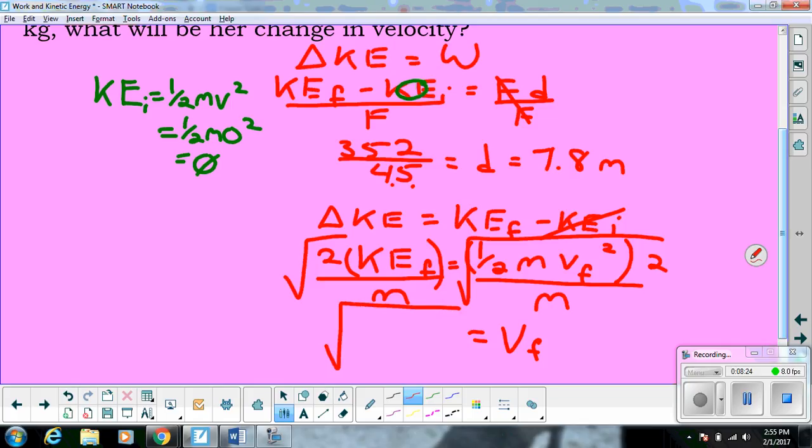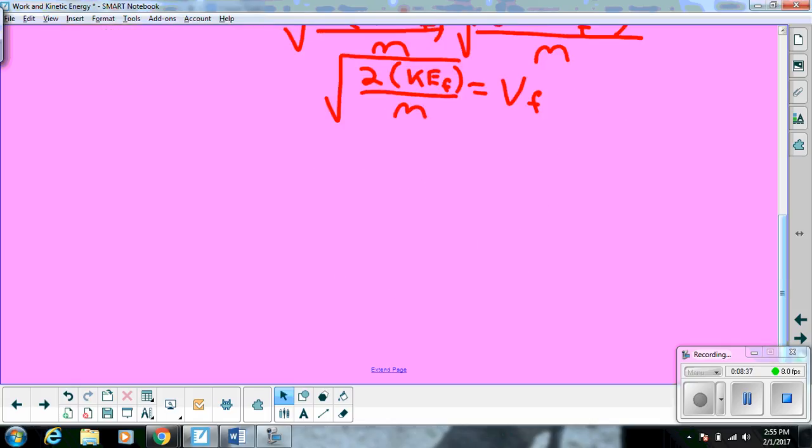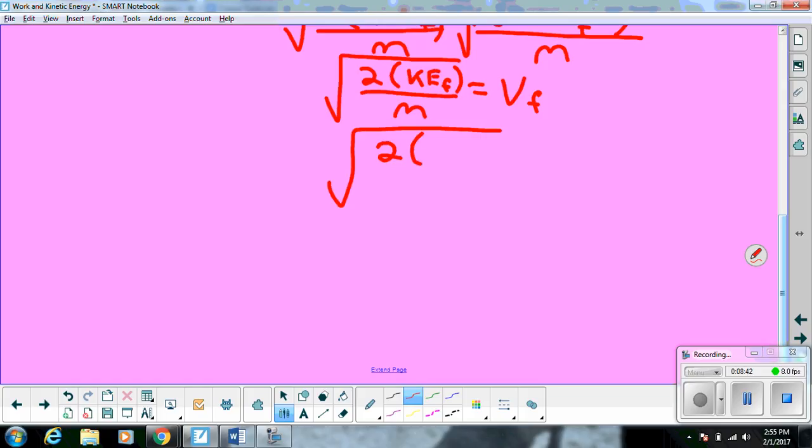So we have the square root of 2 times final kinetic energy divided by the mass. Filling stuff in, 2 times 352 joules divided by 60.0 kilograms.